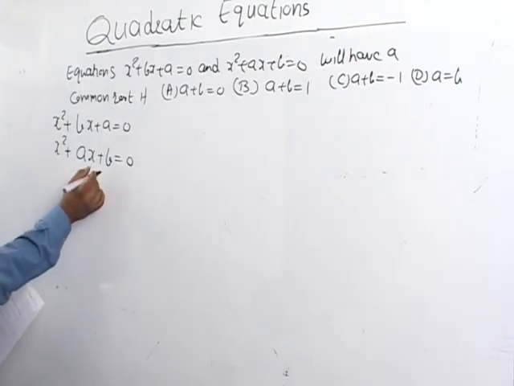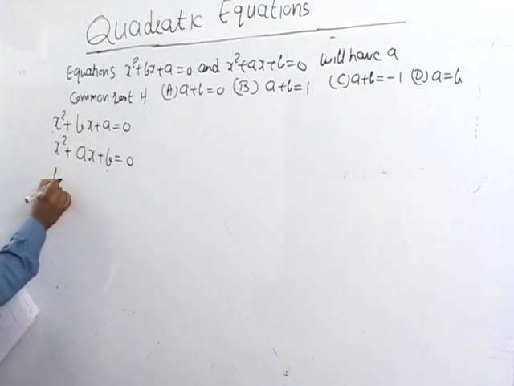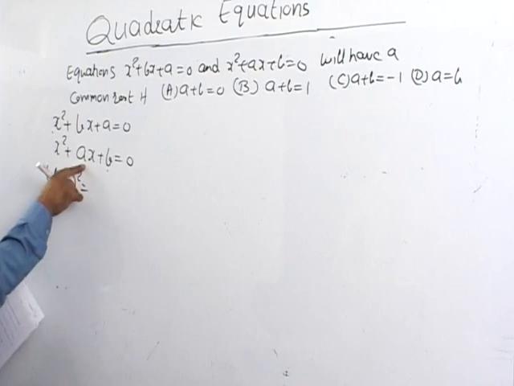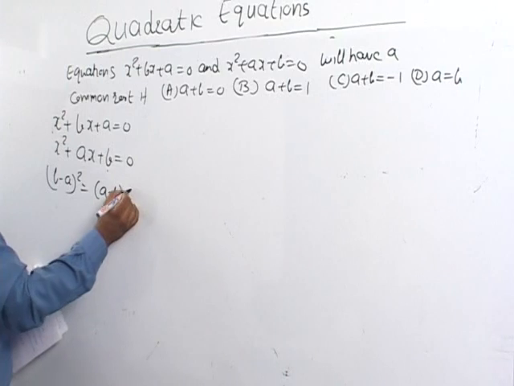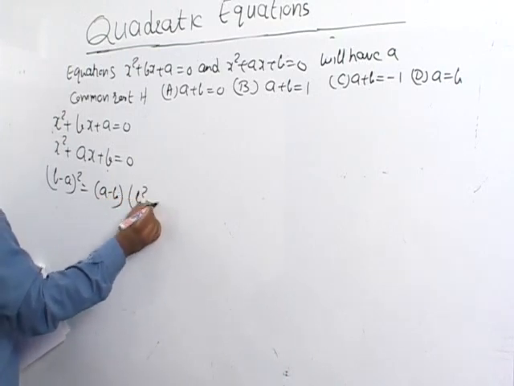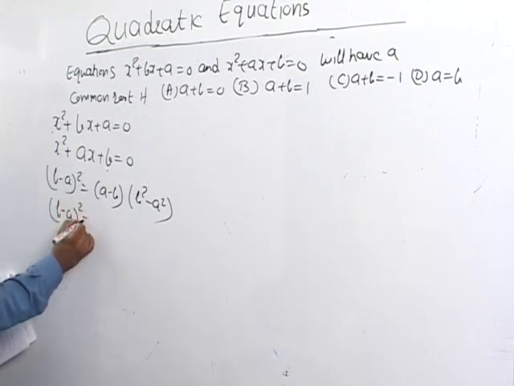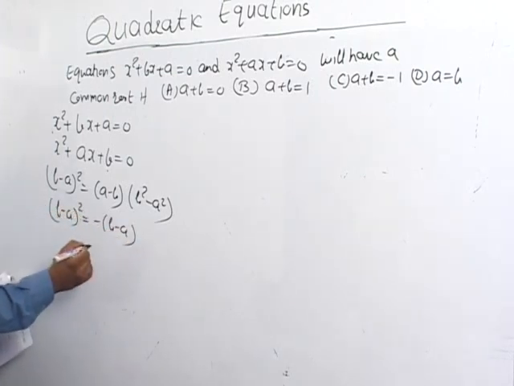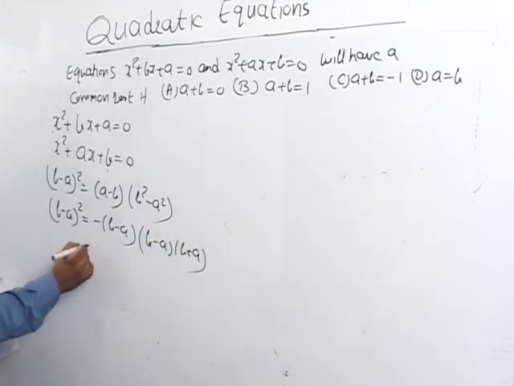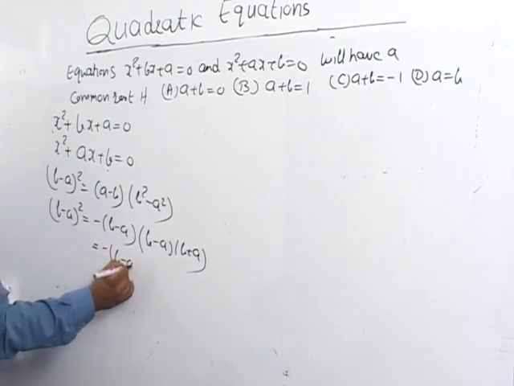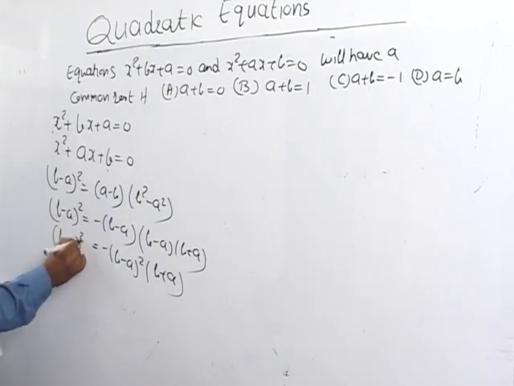That means we'll just apply b into 1, keep your hand on the first term, middle term, b minus a the whole square is equal to, this into this minus this into this is a minus b into, it comes out to be, this is b square minus a square. Now b square minus a square we can write down as b minus a into b plus a. So I just got it minus b minus a the whole square into b plus a, and it is b minus a the whole square.